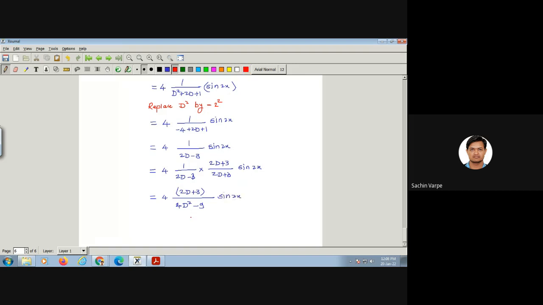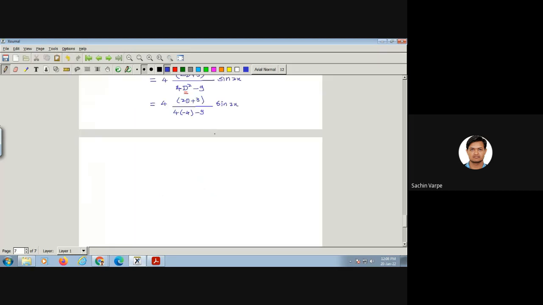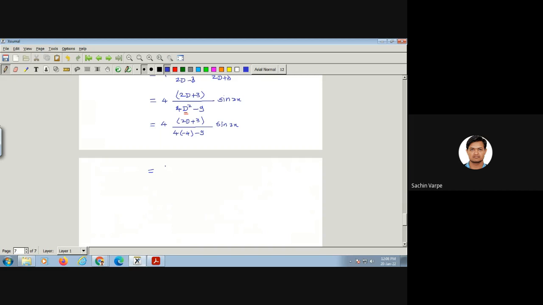Now we have D square for the replacement. So we replace D square by minus 4. So what we will get here? 2D plus 3 upon 4 into minus 4 minus 9 operated on sine 2x. So that is equal to 4 into (2D plus 3) upon ये कितना होगा? -25 ना, -16 minus 9, -25. So -4 by 25 I'm writing here, and this 1 upon 2D plus 3 we operate onto sine 2x.